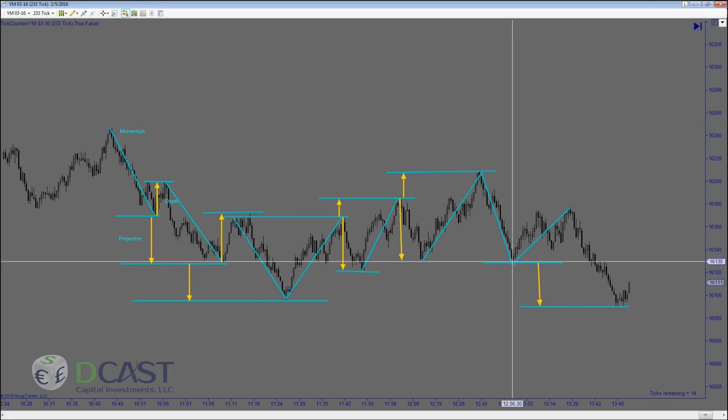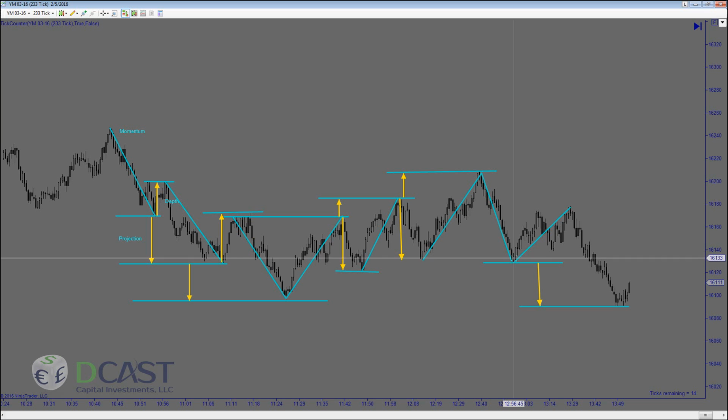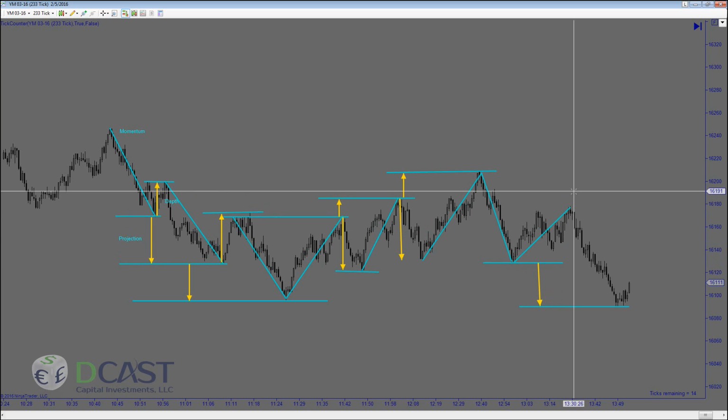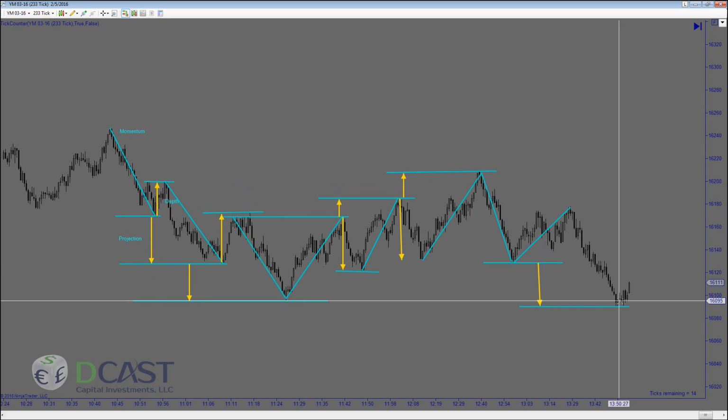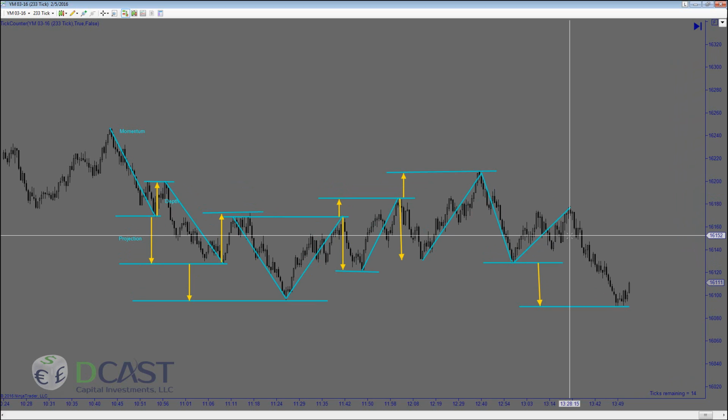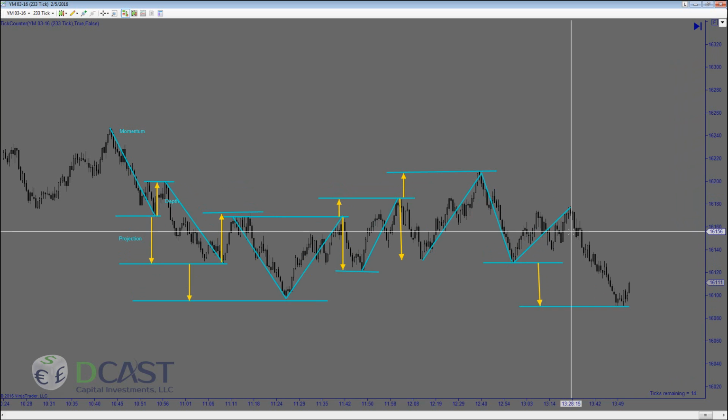So one of the things that you want to look at is the depth. The deeper the correction, the weaker the new structure low. Okay, so in the next video, I'm going to go into more detail on this as to how deep the expectations are actually expected to go and how you can assess that.